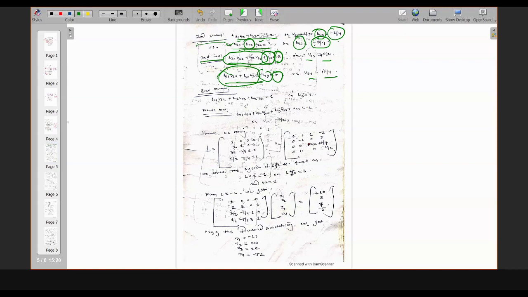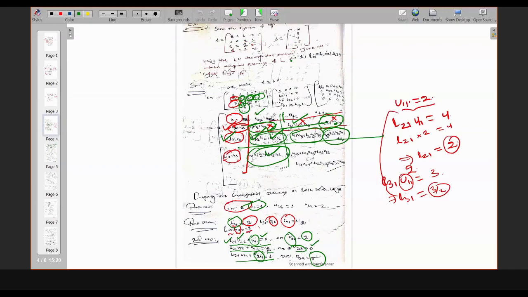Now you come to the third column. So third row is over. Now you come to the third column. These elements are involved with the fourth column.